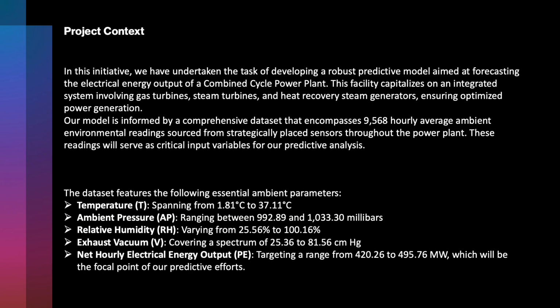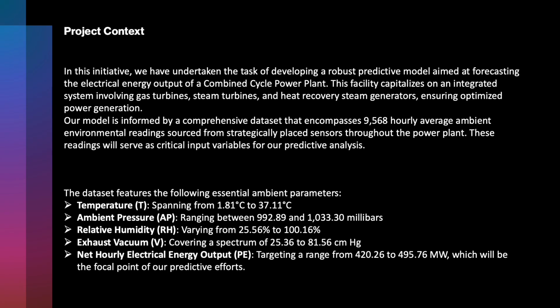So, we focused on building a predictive model to forecast the electrical energy output of a combined cycle power plant. Our model is driven by a dataset of 9,568 hourly records collected through sensors placed across the plant. These include key environmental factors such as temperature, pressure, humidity, and exhaust vacuum.